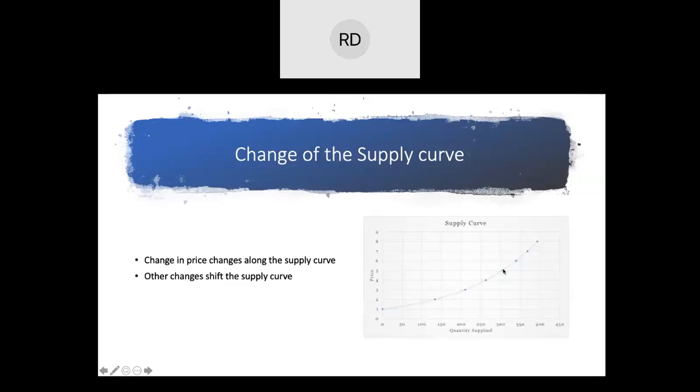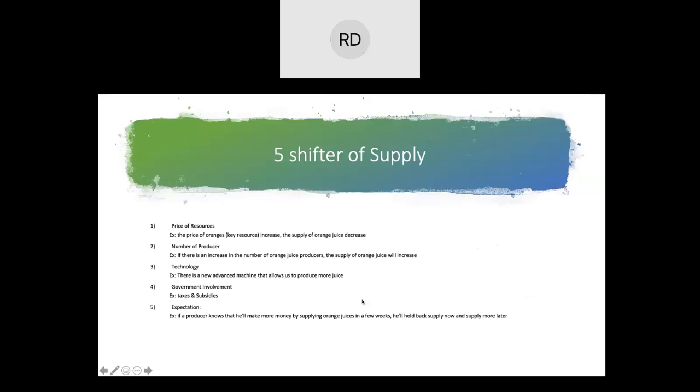Now, there are different elements that are called the shifters, which are going to shift the supply curve either to the left side or to the right side. Now, let's see what those shifters are. We have 5 shifters. We have first the price of resources. If the price of oranges, which are the key resources to supply orange juice, increases, then the supply of orange juice decreases, right?